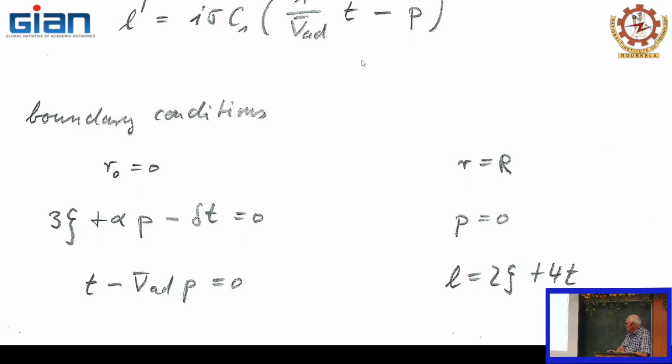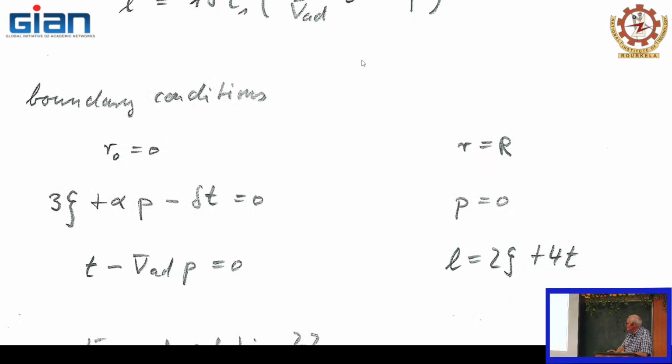We have 4 boundary conditions: the regularity conditions at the center, and the pressure-free surface, and the Stefan-Boltzmann law at the surface of the star.